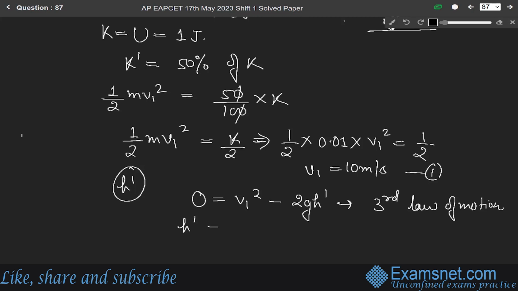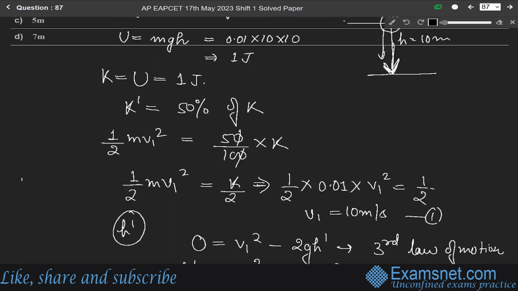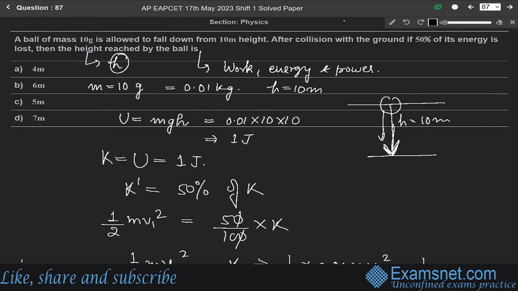So from here h dash will be equal to v1 square over 2g, which is 10 square over 2 into 10, so it will be 5 meter. So the height will be 5 meter. That is, option C is the correct answer.